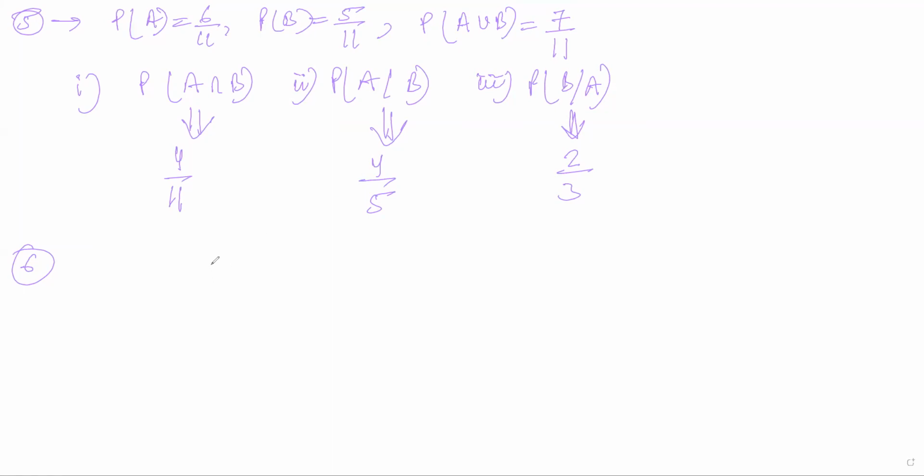So a coin is tossed 3 times, right? We need to find out probability of E given F in all the cases. For the first case, E is defined as head on third toss, and F is defined as heads on first 2 tosses.